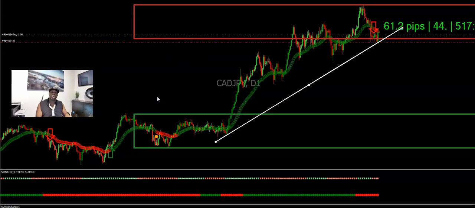So we're not concerned about the arrow on the daily time frame. All we're concerned about is the directional bias, and overall, we can see it's an uptrend.